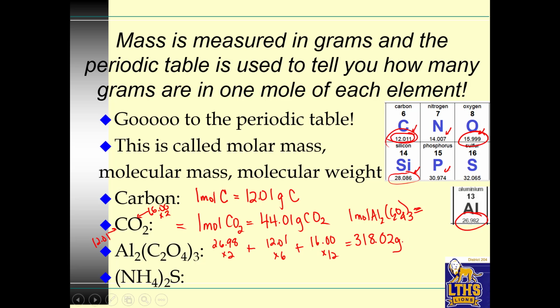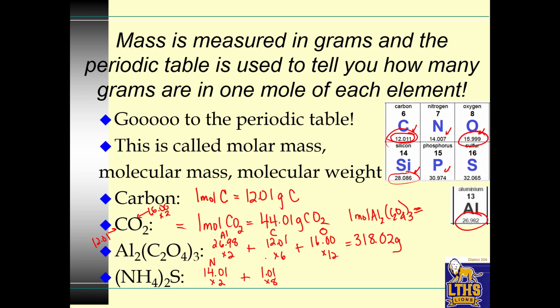Can we do it for other things? You betcha. Oh, look, it's ammonium sulfide. Woohoo, ammonium sulfide. All right, so how do we figure out how much 1 mole of this weighs? Well, we have 14.01 for nitrogen times 2 because of the subscript, plus 1.01 times 8. So I should label these. This is aluminum, this is carbon, this is oxygen.